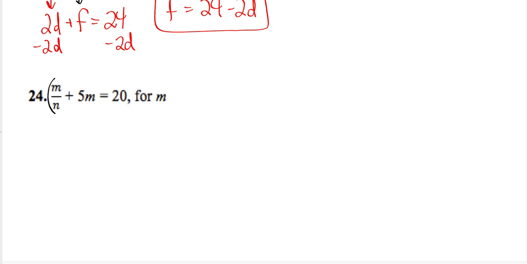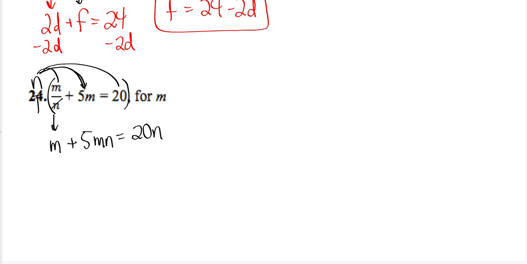Well, I can multiply it all by n, or n over 1, okay? So if I'm multiplying this first fraction by an n, it's going to cancel that out, and I'll be left with just an m, okay? Then this one should be 5 plus 5mn, okay? 2 different variables. I'm just going to put them together. And then back here should have 20n.